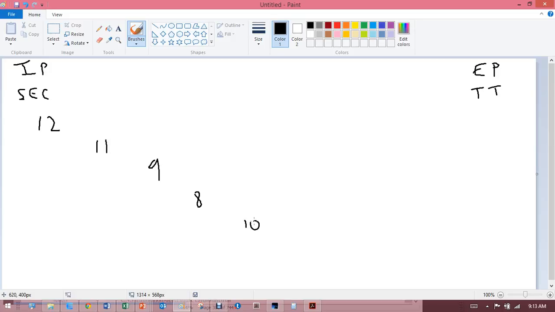This whole thing from 12, 11, 9, 8 is part of the intrinsic pathway. The extrinsic pathway is a bit simpler. It goes like this: 7. So that is the extrinsic pathway.